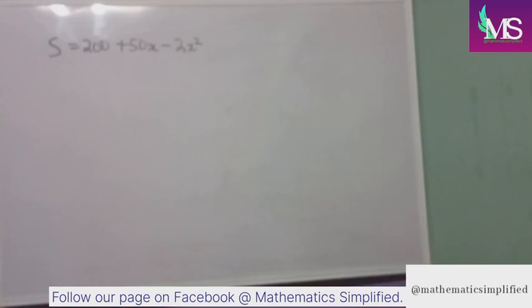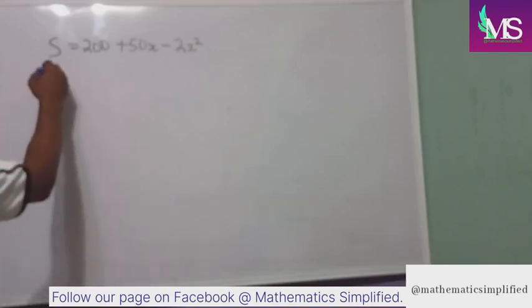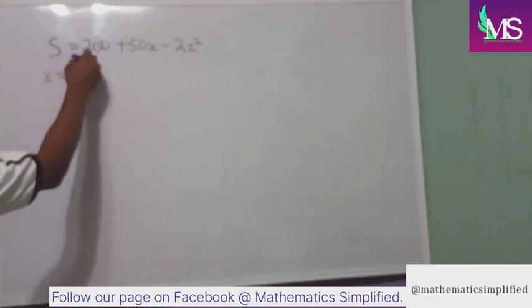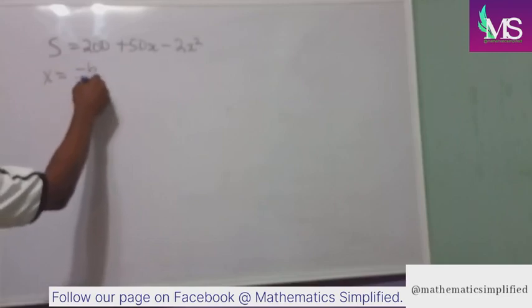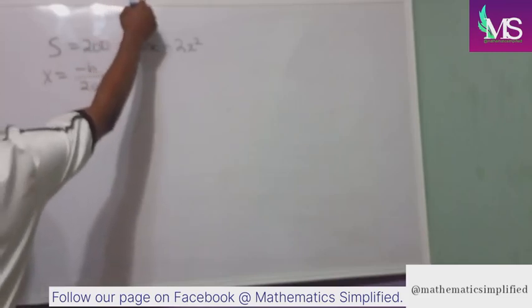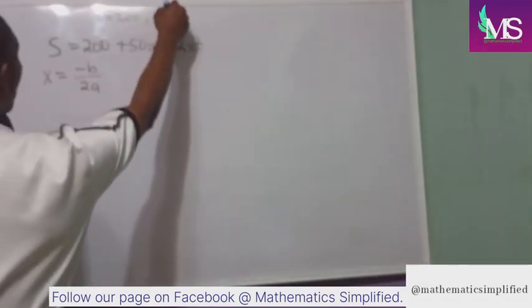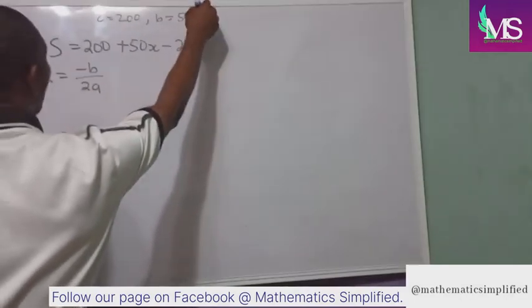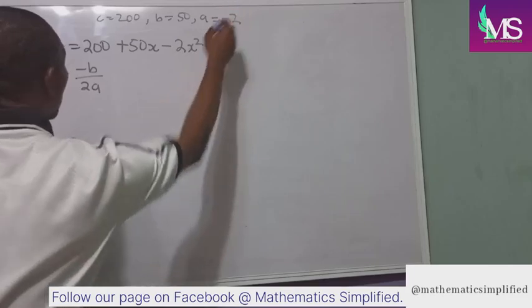Now, in order to find our maximum point, since they said it should stop increasing, we'll use x equals minus b all over 2a. Now from here, c equals 200, b equals 50, and a equals minus 2.